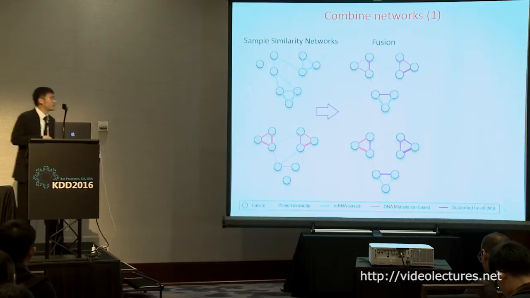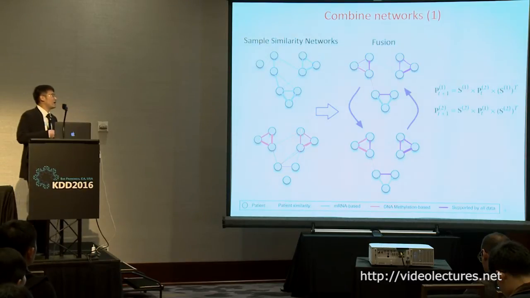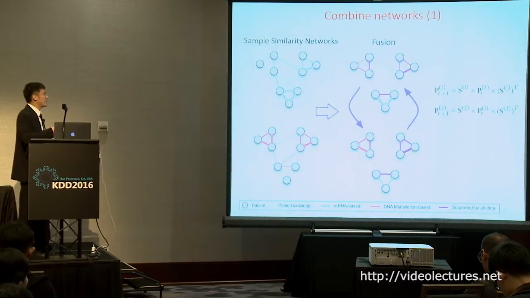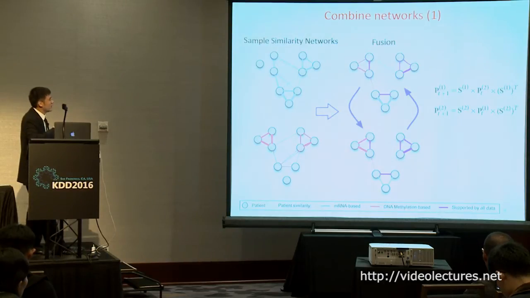So basically, this methodology has a way to iteratively update these two networks. And the benefit is, as I mentioned, the strong links are still there. If both networks have the same strong links, for example these two, they have very strong links and they still remain in the graph.